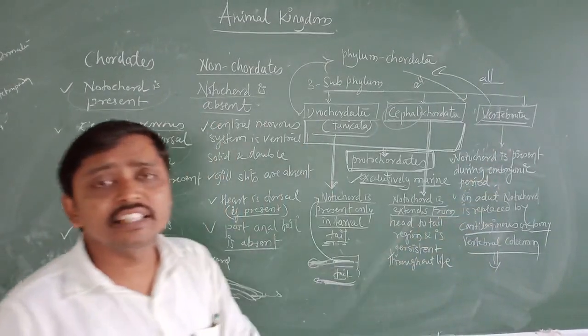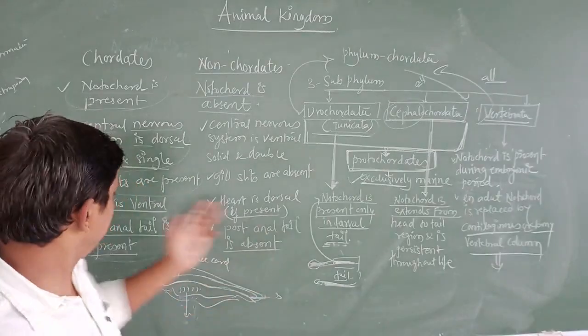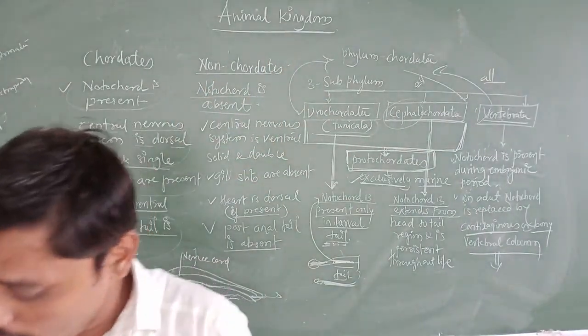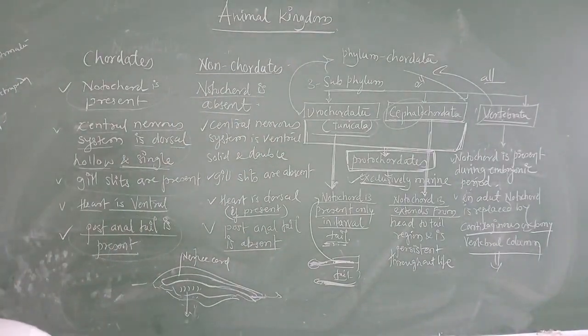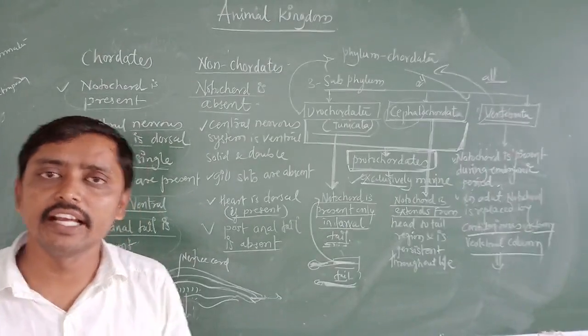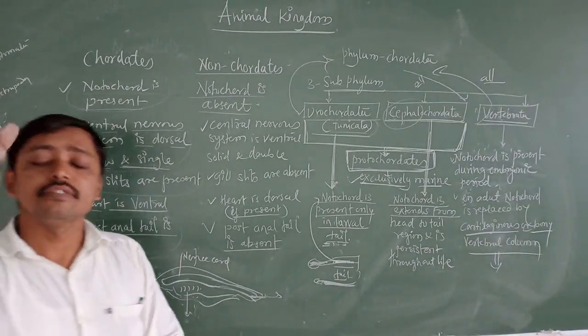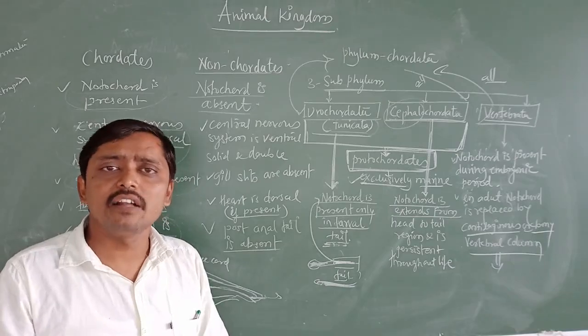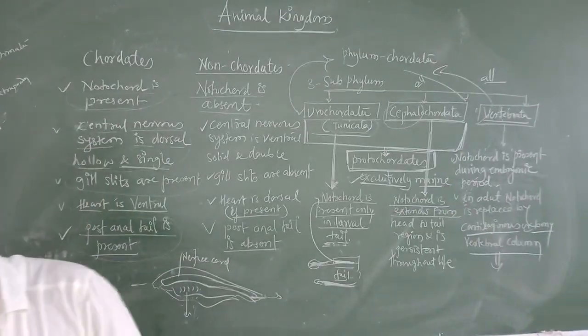Besides these, the characters we have discussed already: the heart is on the ventral side in a chordate. The heart is muscular and present on the ventral side. It may be a 2-chambered, 3-chambered or 4-chambered heart.